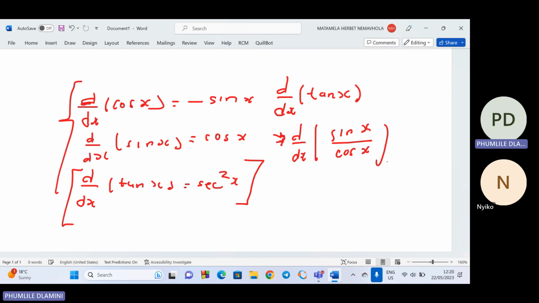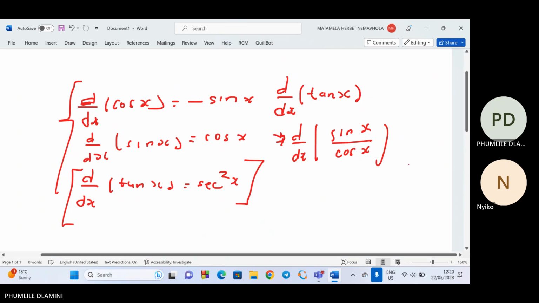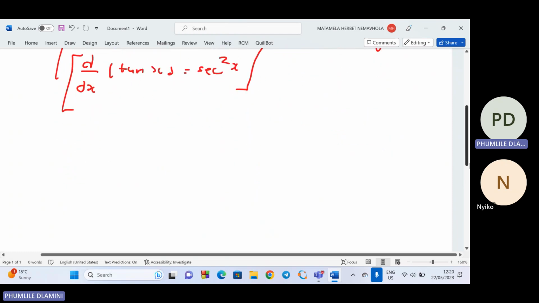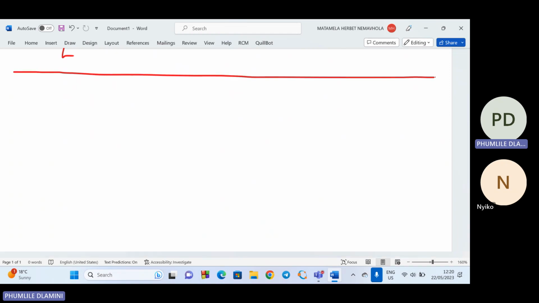So this one is going to lead us to the rules of differentiation that you have to take into account. Those rules, I'm going to mention them here.